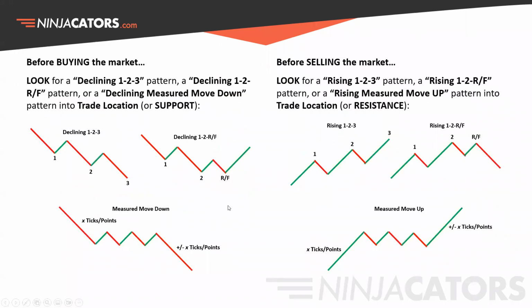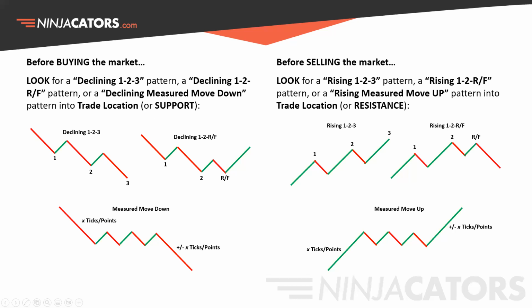If you want to avoid whipsaws, or if you want to significantly reduce the number of whipsaws, and you want to time your entries better, okay, and you can even actually use this for target projection, especially the measured move up and down patterns. You can use those for target projection.